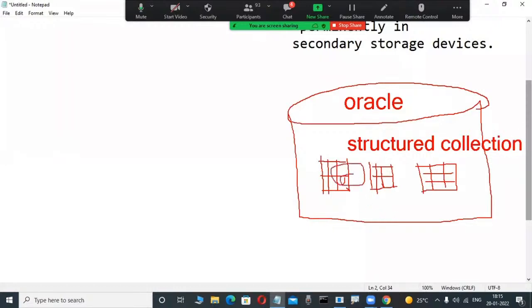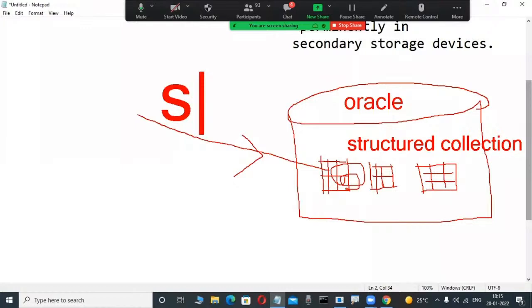Once we have a structured collection of data, we need a language to operate on this data. What is that language? Maybe somebody has an idea: SQL, structured query language. Through this language we operate on the structured data in relational databases.